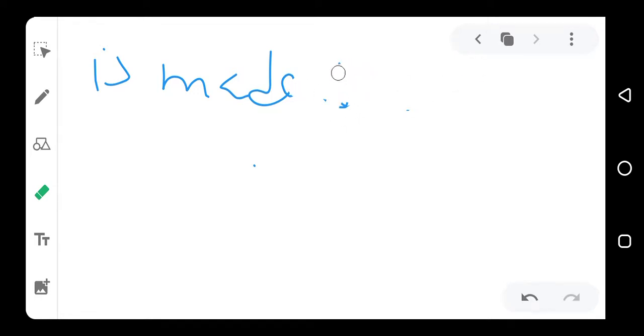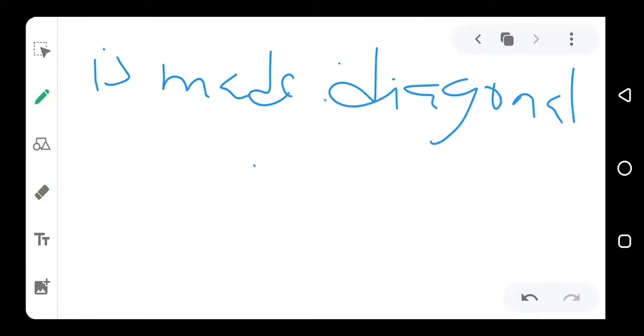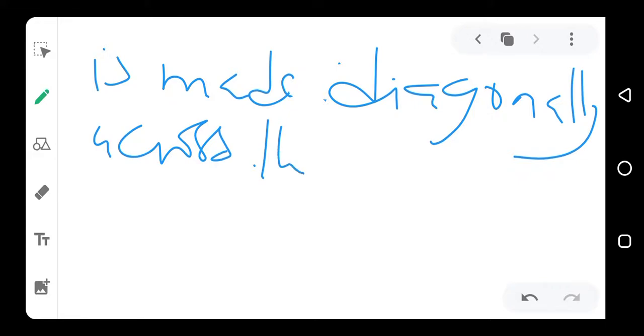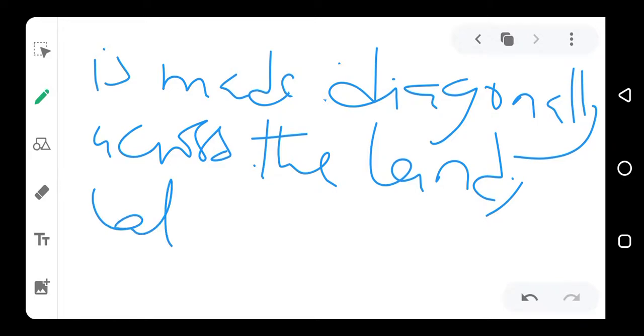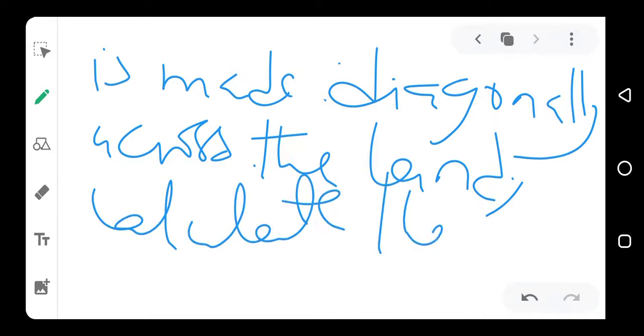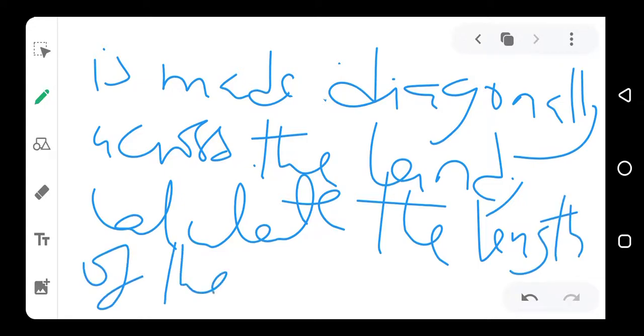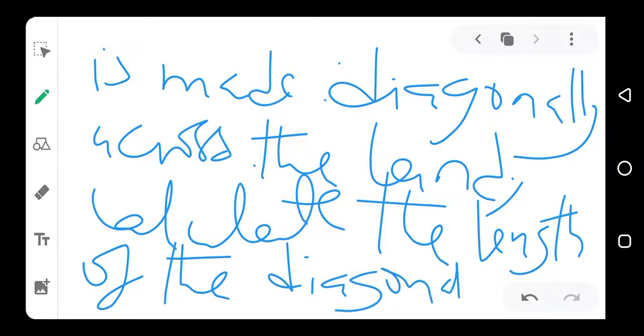If a pathway is made diagonally across the land, calculate the length of the diagonal or length of the pathway.